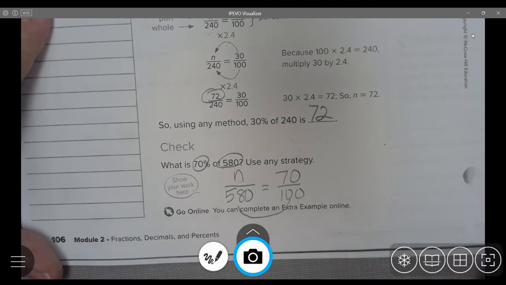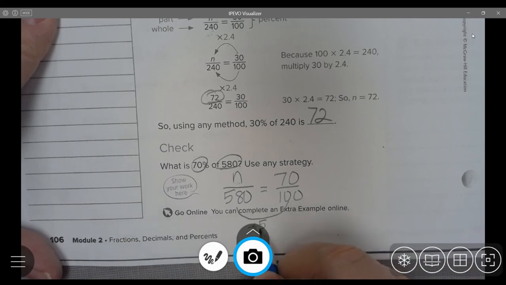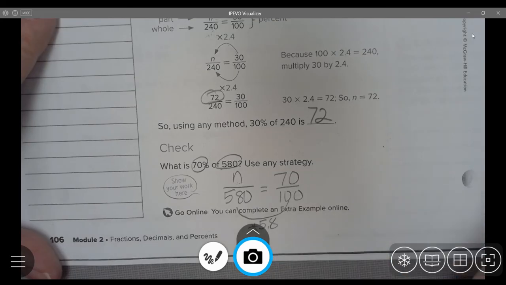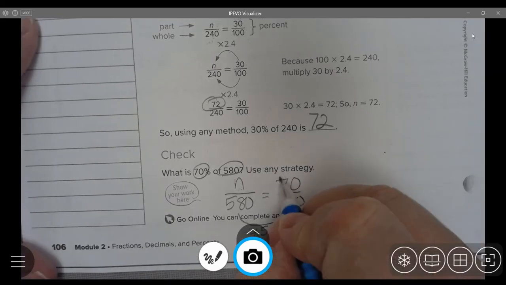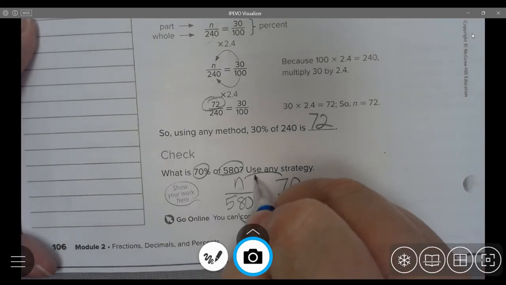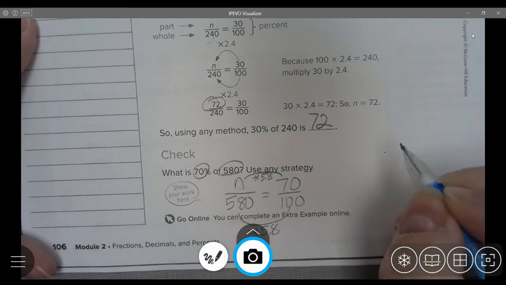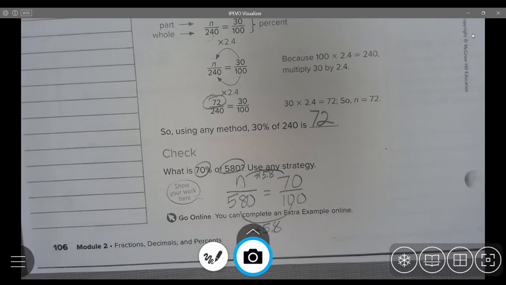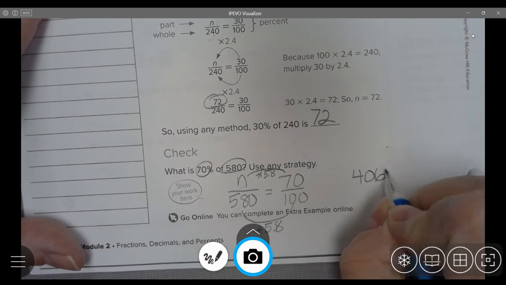And so we would say 100 multiplied by 5 and 8 tenths would give us 580. If we are doing the same to the upper numbers, we would multiply by 5 and 8 tenths, and we would come up with 70 times 5 and 8 tenths would be 406.